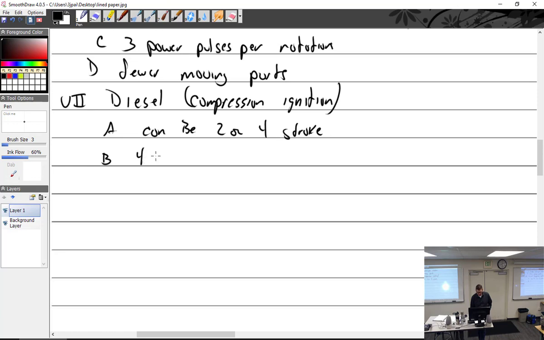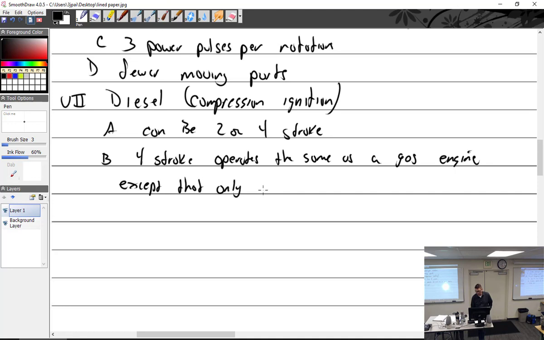So it's the four-stroke diesel. It operates the same as a gas engine, except that only air is drawn in on the intake stroke.